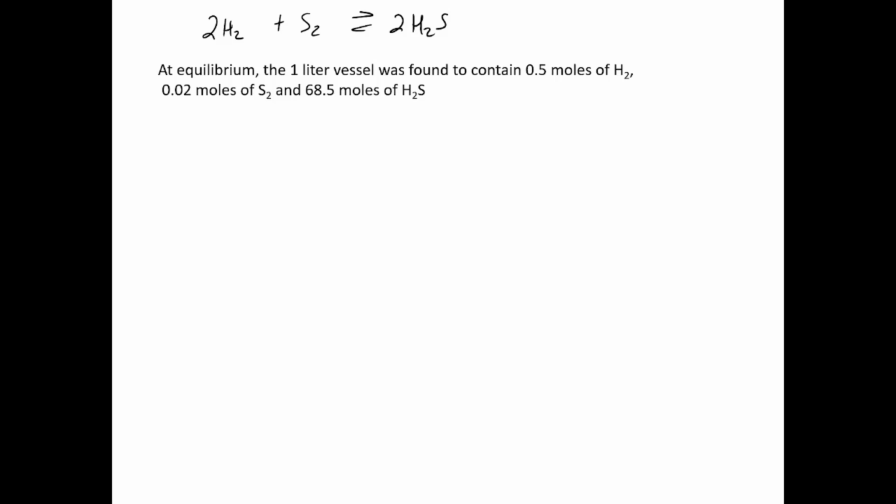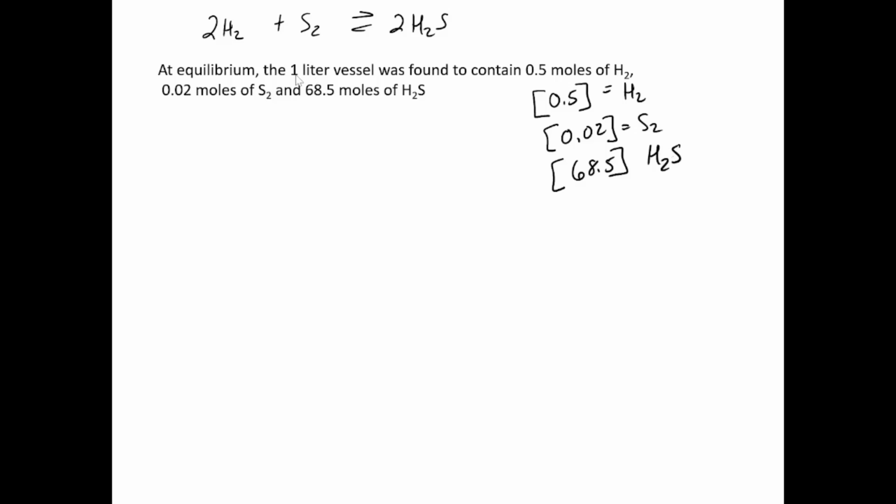Okay, so the reason that that 1 liter is important is because remember that we talked about we could write this as 0.5, so that would be for H2. We could write this as 0.02 for S2, and we could write it as 68.5 of H2S.